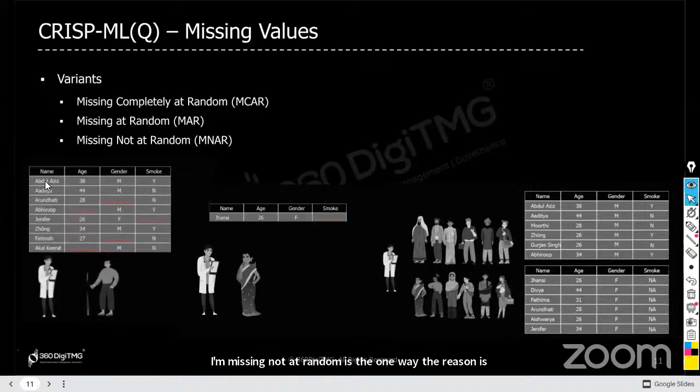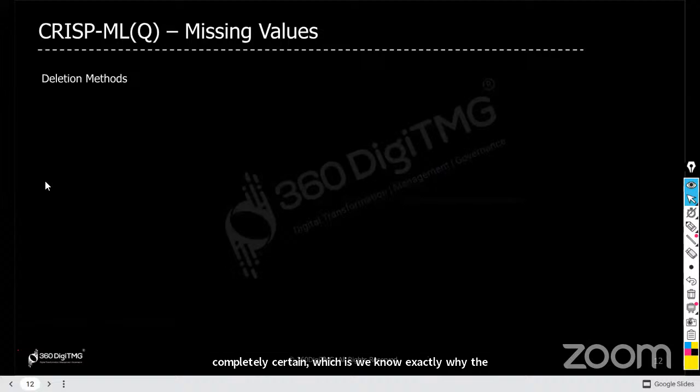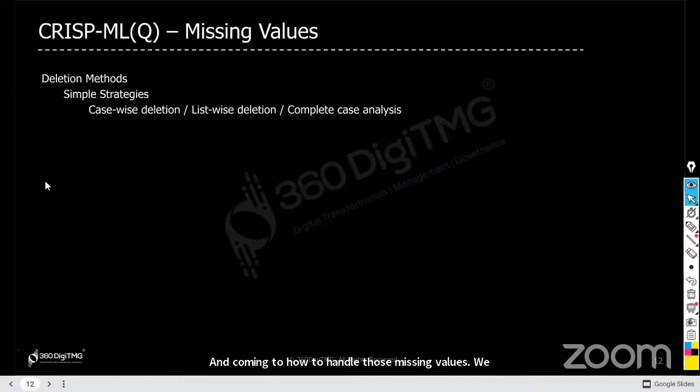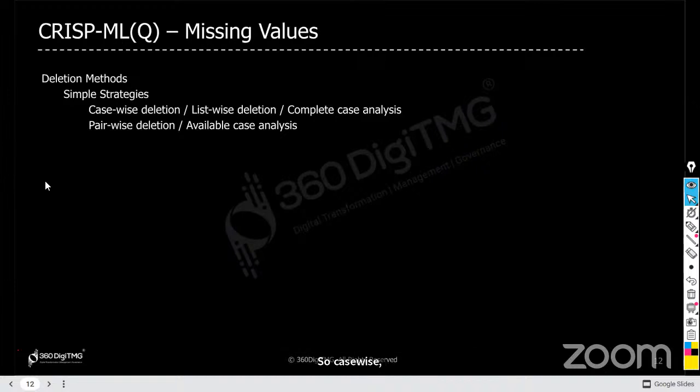And coming to how to handle those missing values, we have two simple deletion strategies. The first is case-wise deletion, which means wherever the records have missing values in the entire data set, those records get deleted. Case-wise deletion is also called list-wise deletion, or complete case analysis. The second simple strategy is pairwise deletion, or available case analysis.